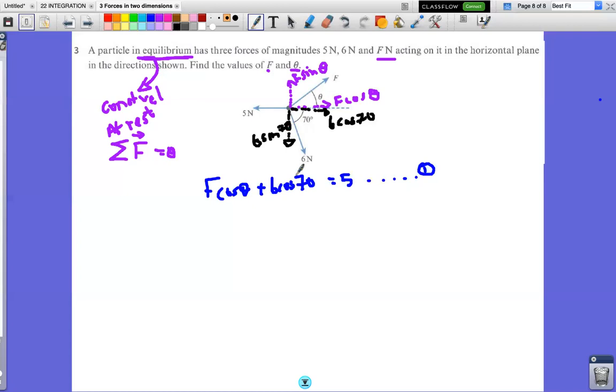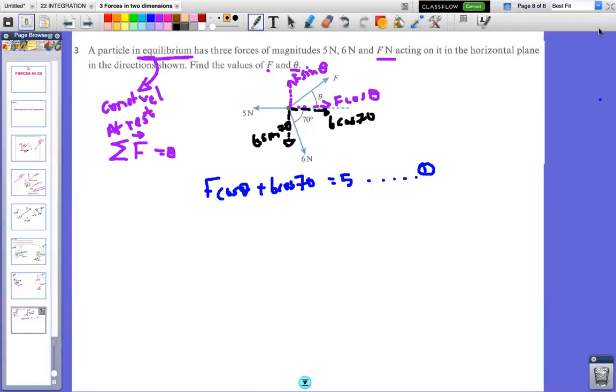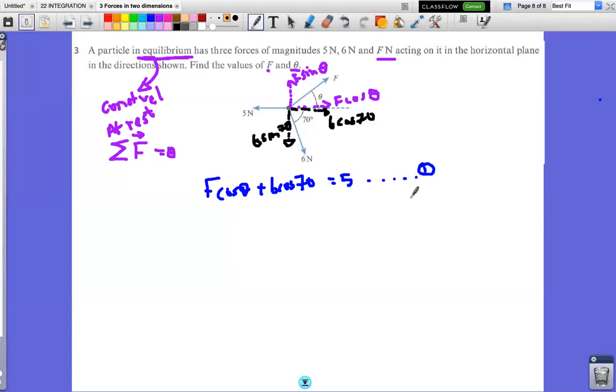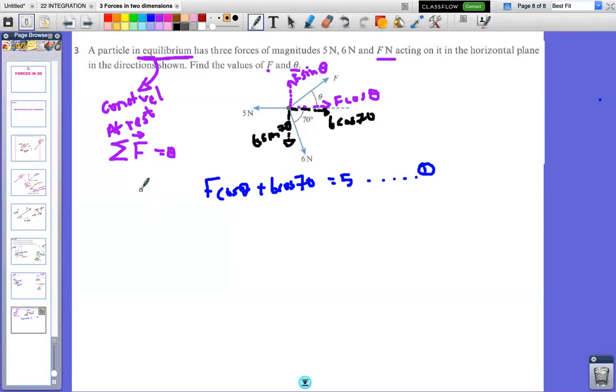The second equation should be resolve. Now, there's something I didn't write here. When you are writing this statement, it is important to indicate what you are trying to do. So we will use this.